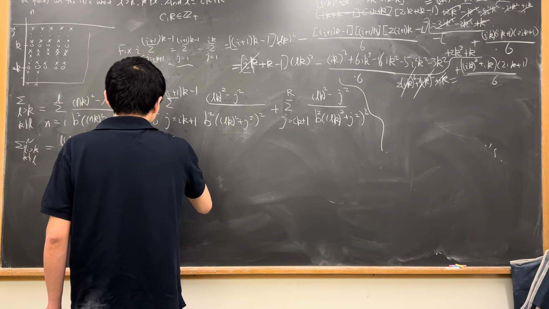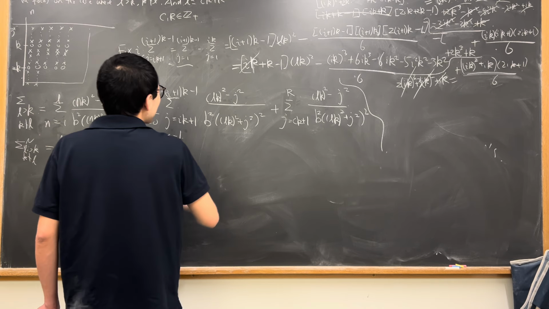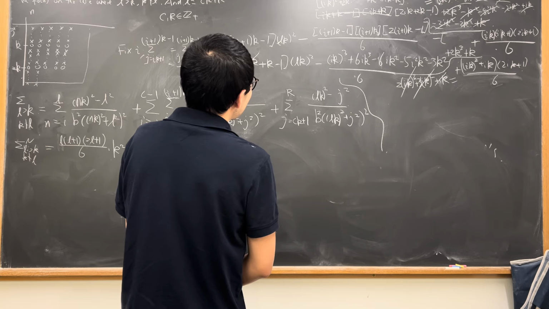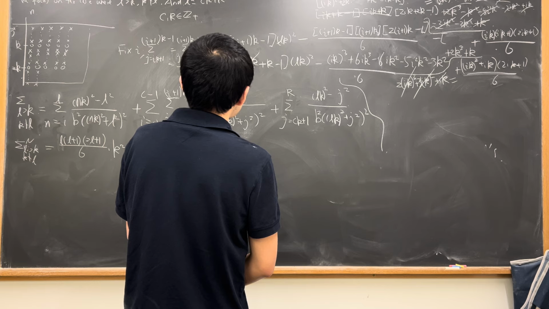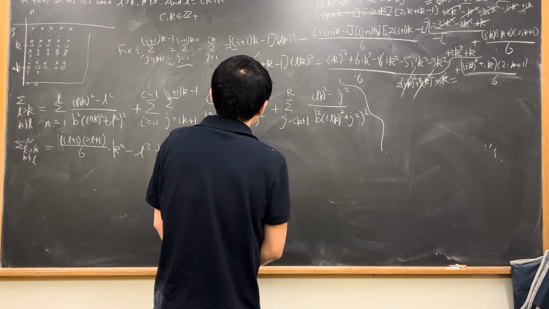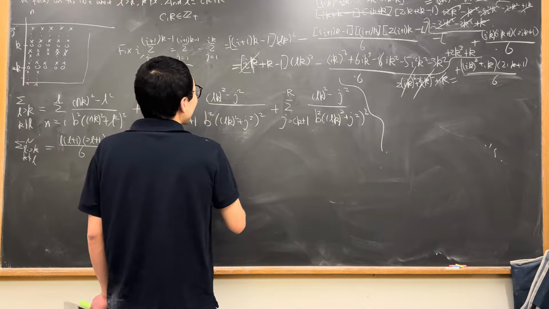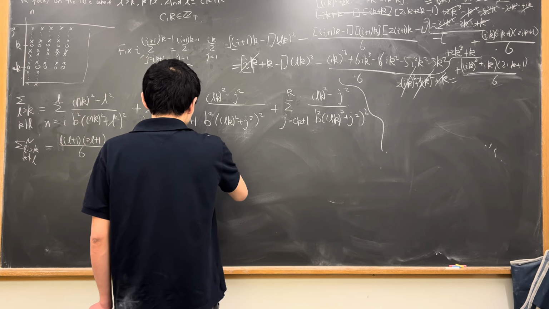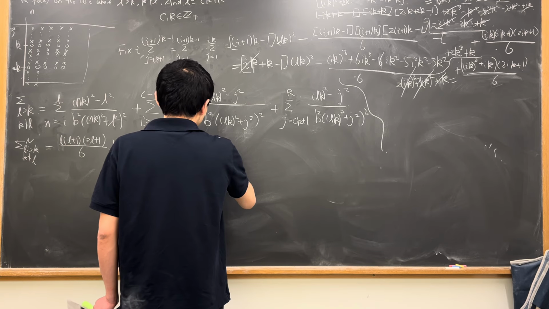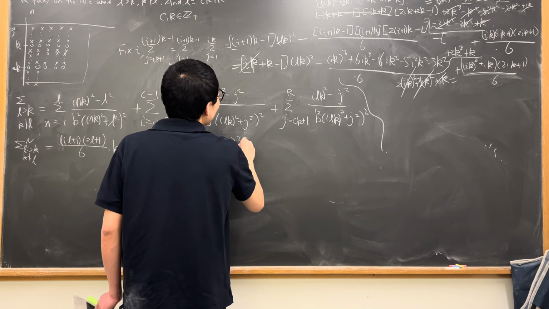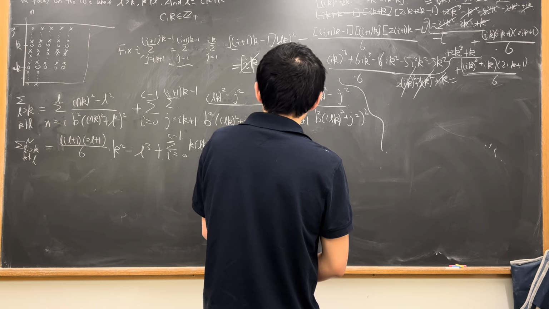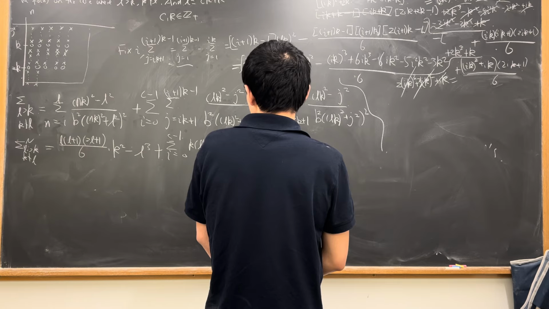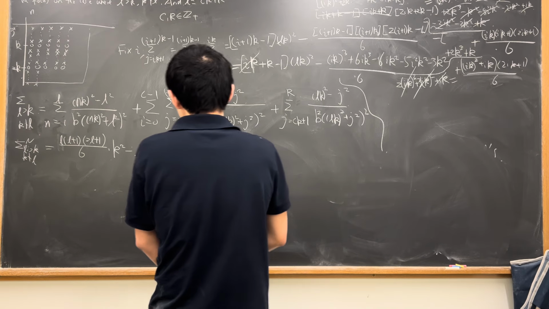So we sum from i from 0 to c minus 1. The first one is k times lk squared minus lk squared, and then minus... So here this is just c copies, right?